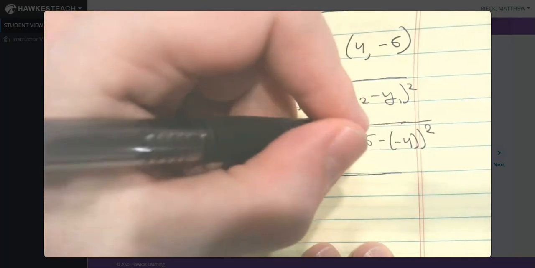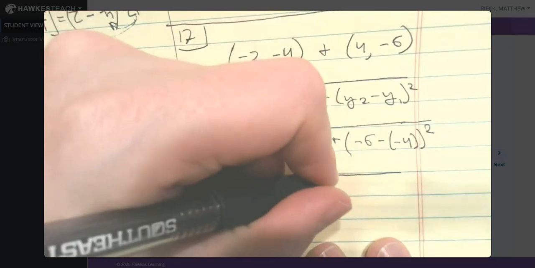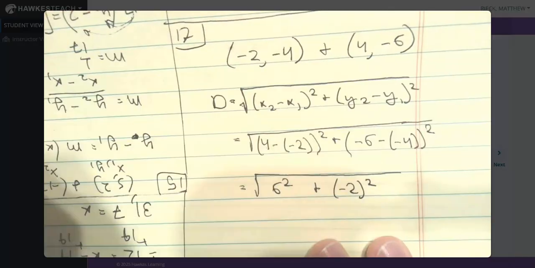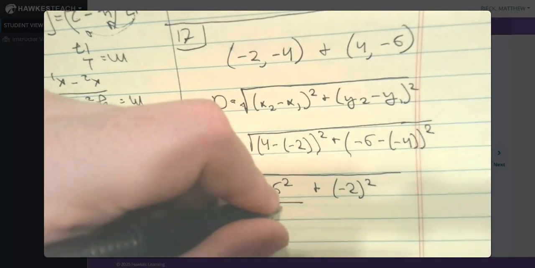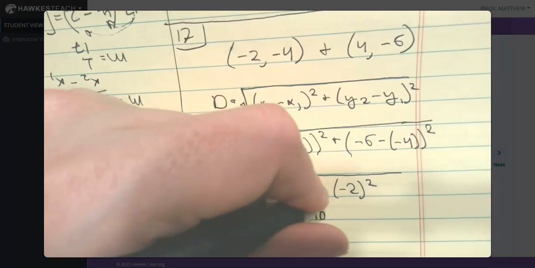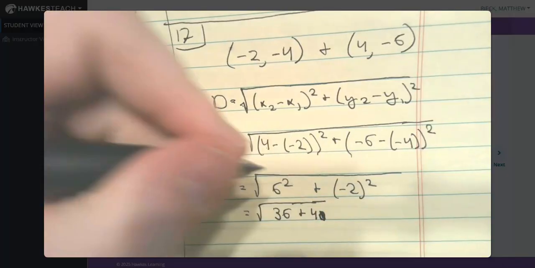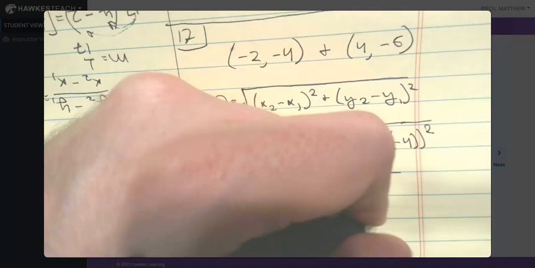And -6 minus a -4, which is going to be -2 squared. So you have square root of 36 plus 4. Sorry, getting ahead of myself here. So that's going to be the square root of 40.